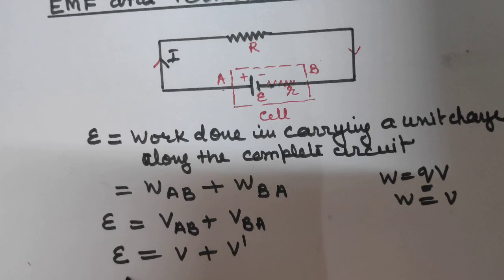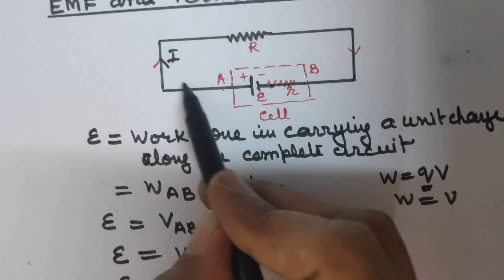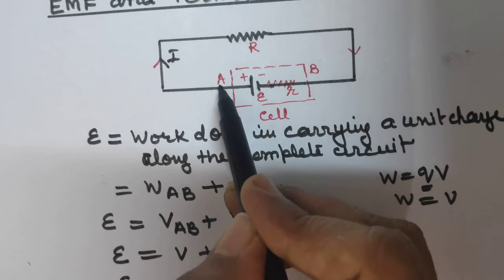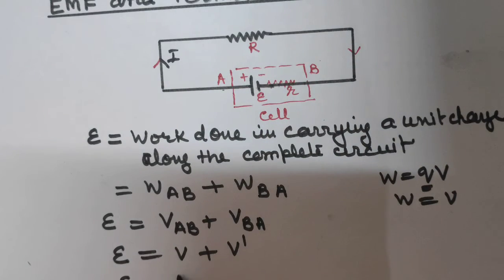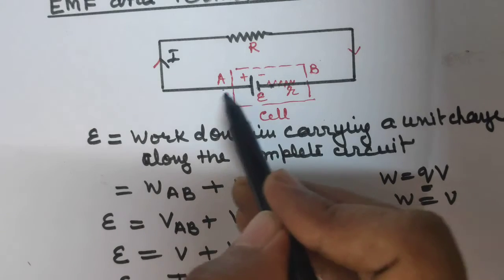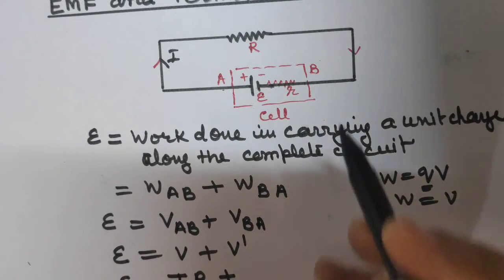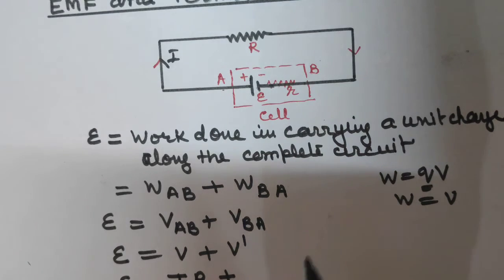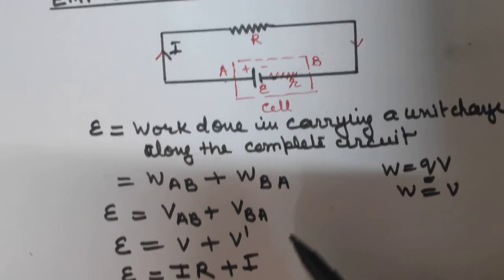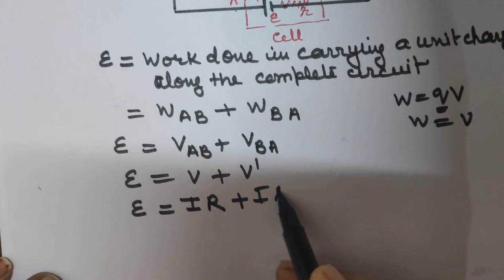Now, according to Ohm's law, V is the potential between A and B. If current is I, the potential drop across this resistance is I into R, plus the potential drop across this internal resistance is I into small r.